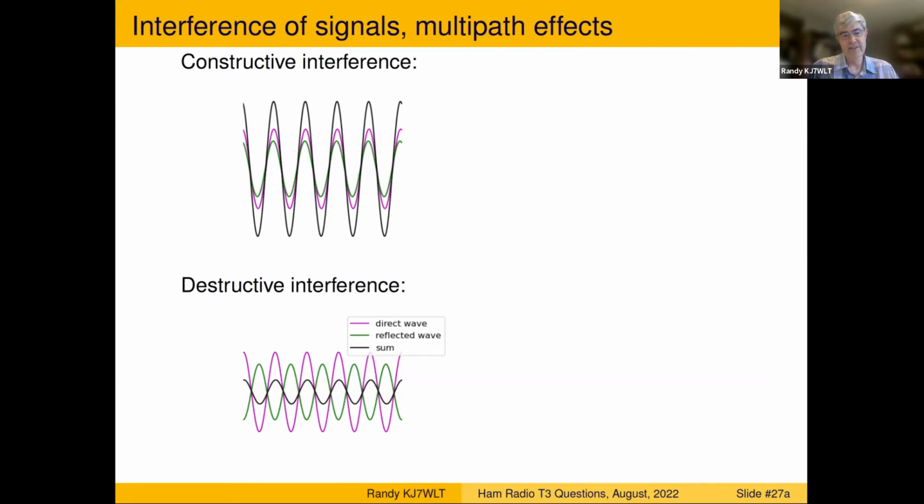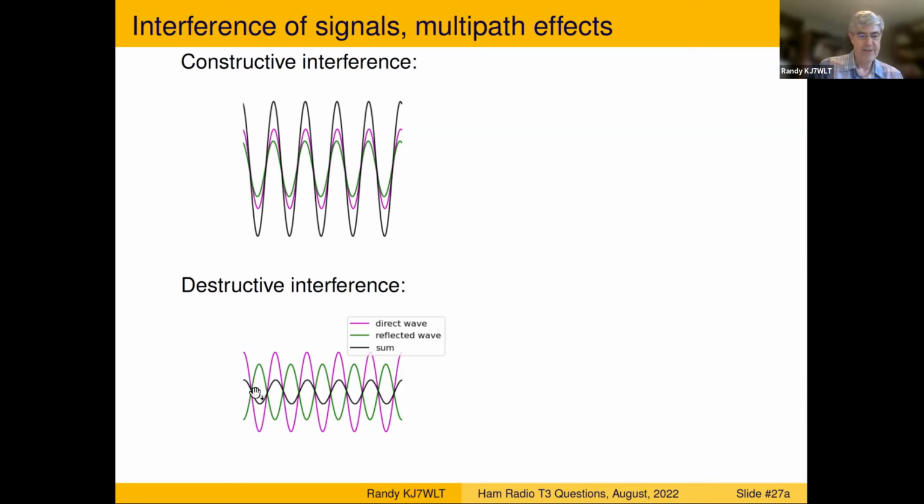But if you move just a little bit, and you only have to move like half a wavelength, you may find that instead of these two waves lining up perfectly, they arrive slightly out of phase. And if they're out of phase, like here, again the purple wave is the direct wave, the green wave is the reflected wave. It's arriving slightly later, but it's basically the same wave, but it's also out of phase in this case.